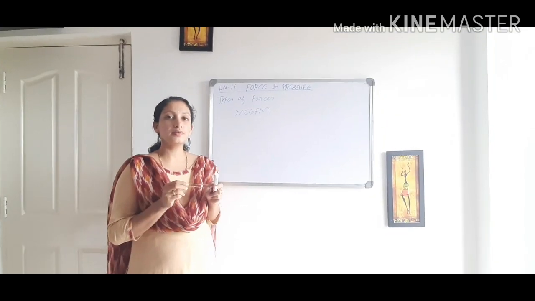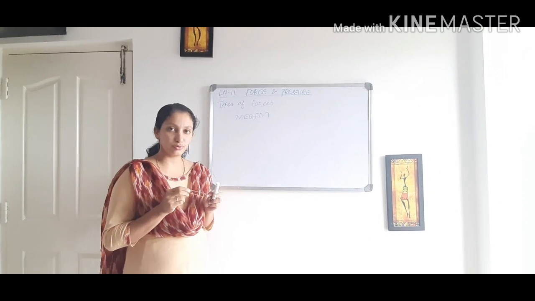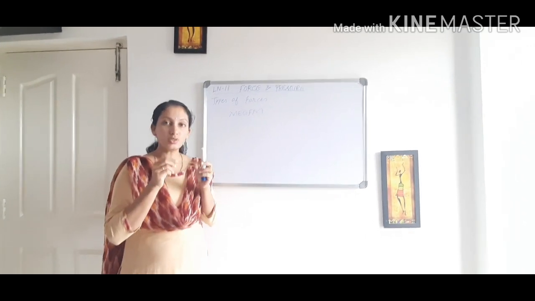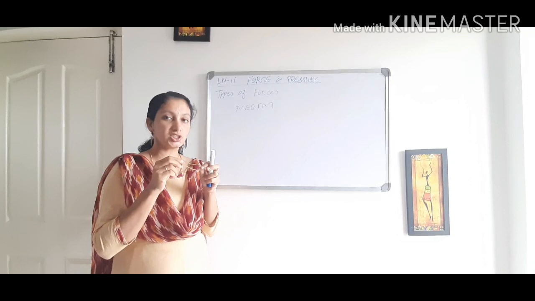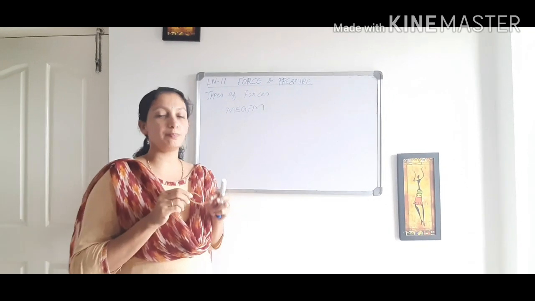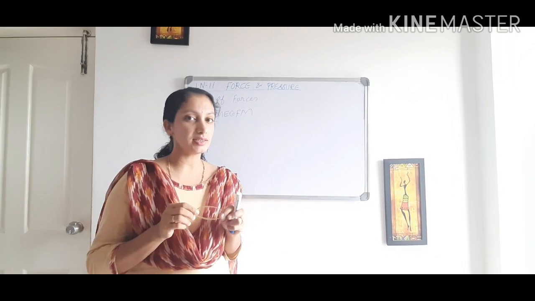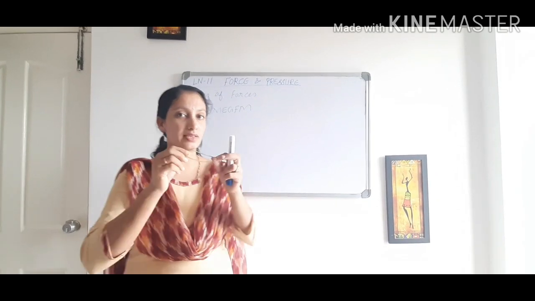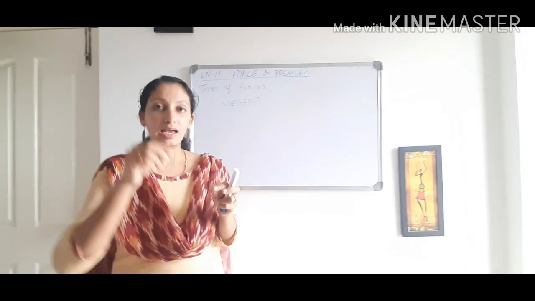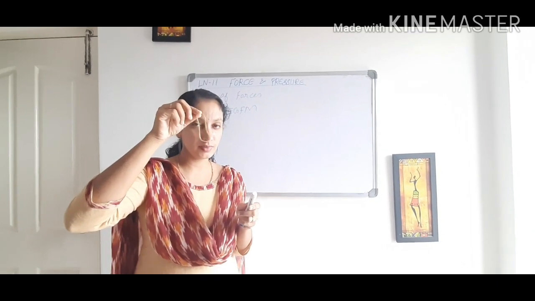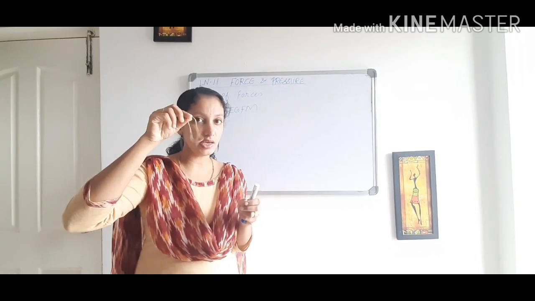The last one under the effects of force is that force can change the size and shape of an object. One example I can show you now: I have one rubber band. This has elastic behavior.